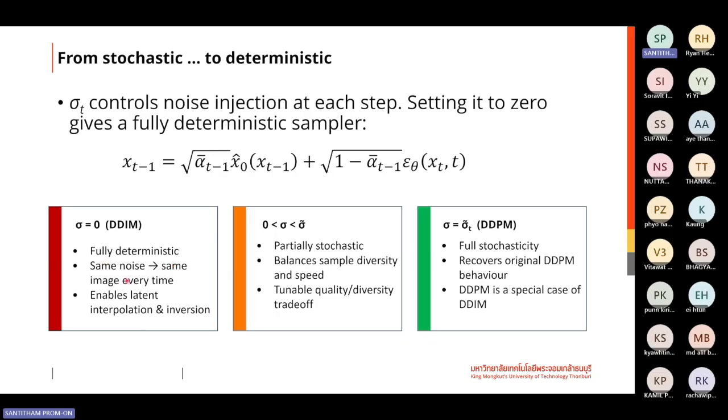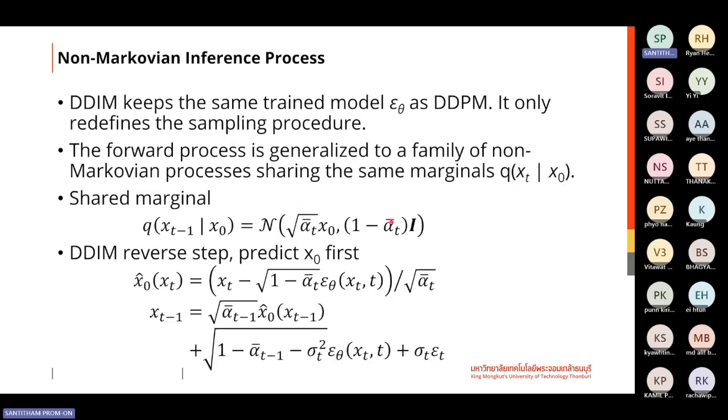If you give it a specific set of initial noise, you get the same image. This enables latent interpolation and inversion later on, because it doesn't have these terms, the sigma terms that are related to variability.